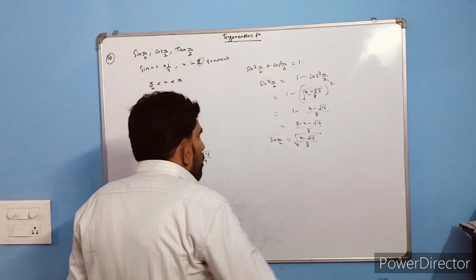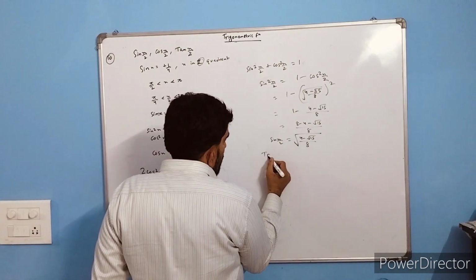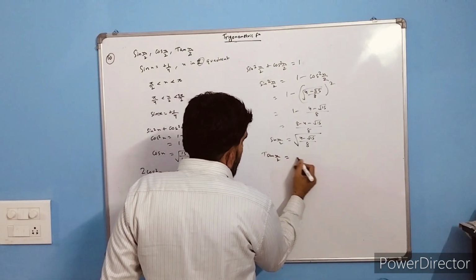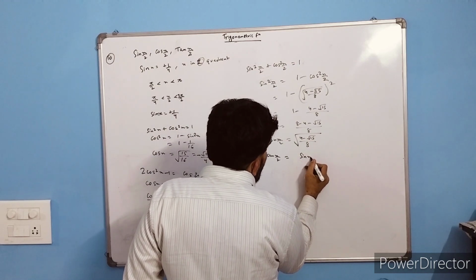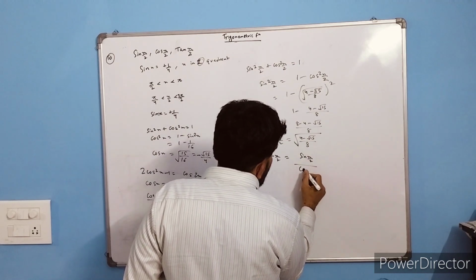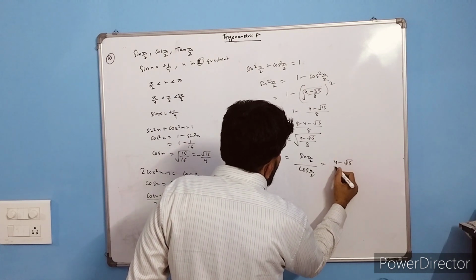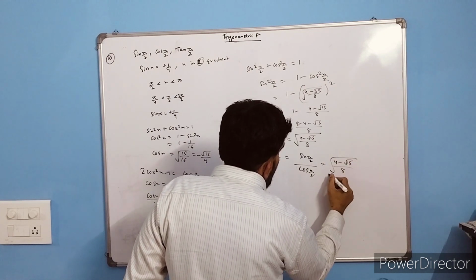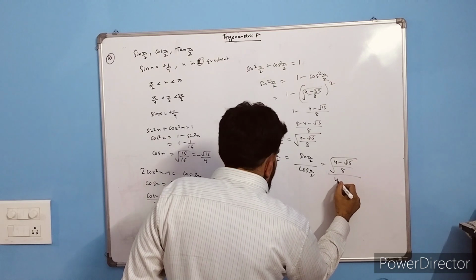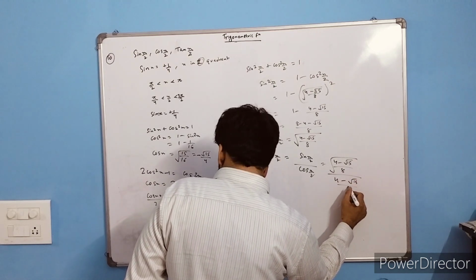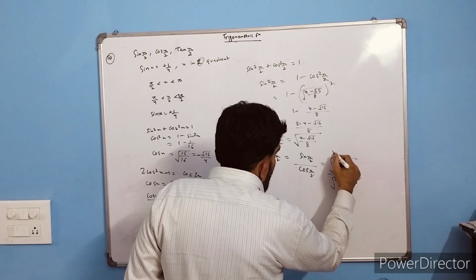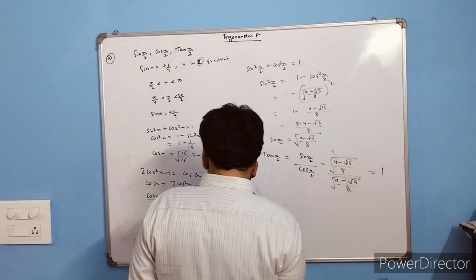So we find the value. Now tan x by 2 will be sin x by 2 upon cos x by 2, that is 4 minus root 15 upon 8 upon 4 minus root 15 upon 8. So by solving this, you will get 1.